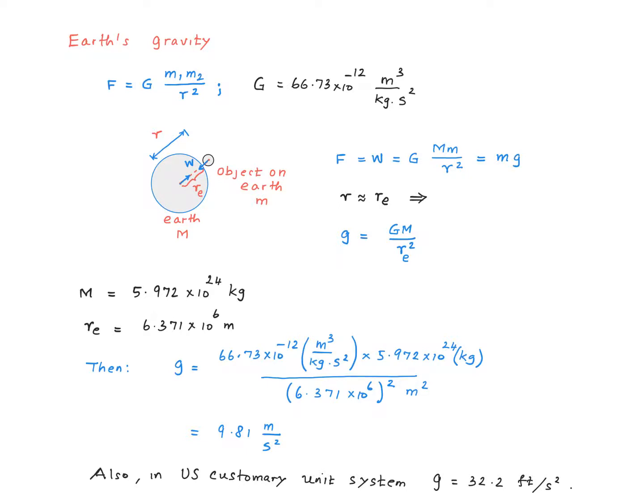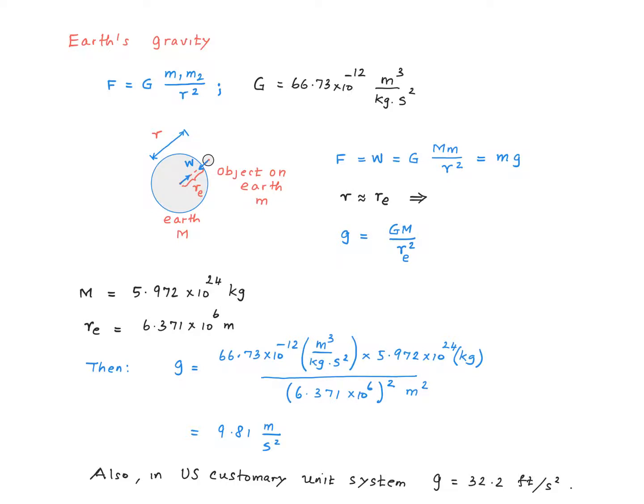The radius of Earth is 6.371 times 10 to the 6 meters. We already have a value for capital G, so we substitute everything in this equation, and we get a value of 9.81 meter per second squared for little g, the gravitational acceleration.